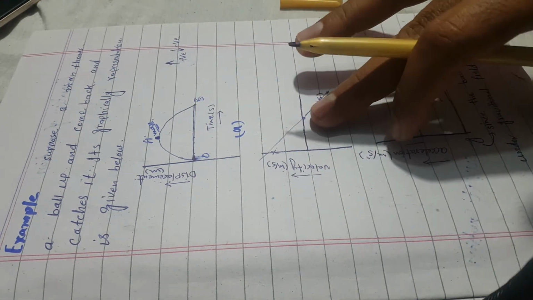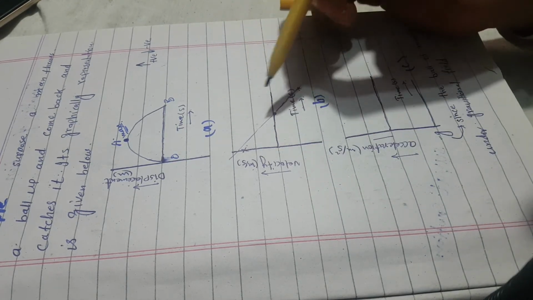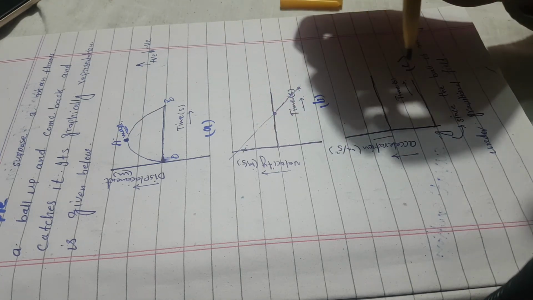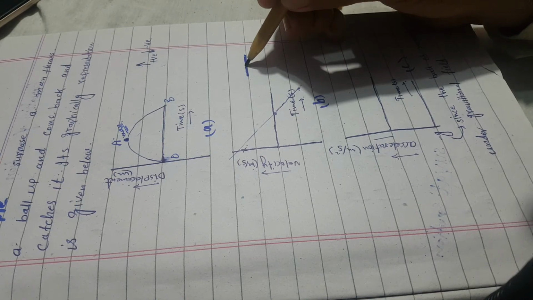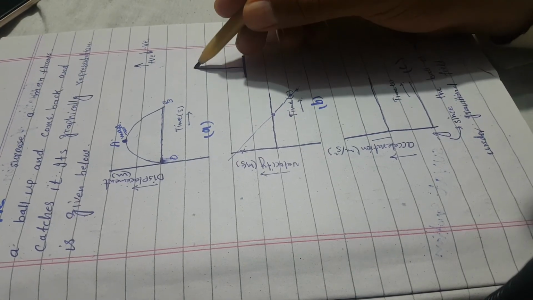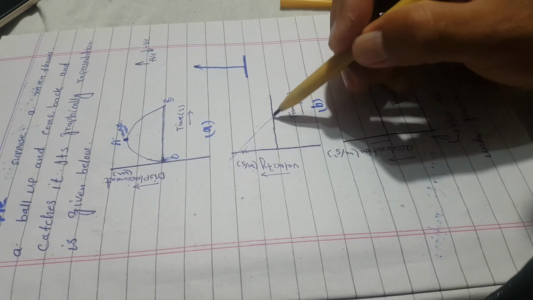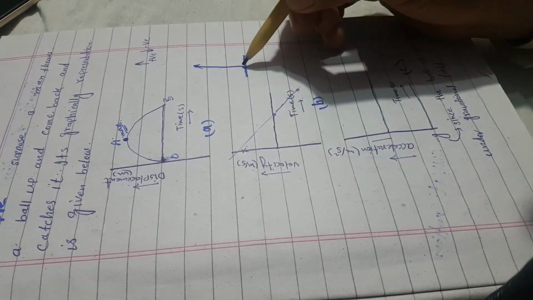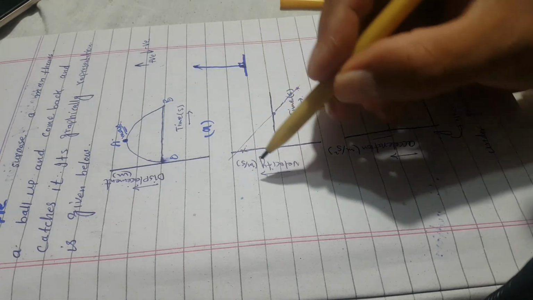It is the same in the velocity time graph. When the ball is at the maximum top, this is the position of the man.